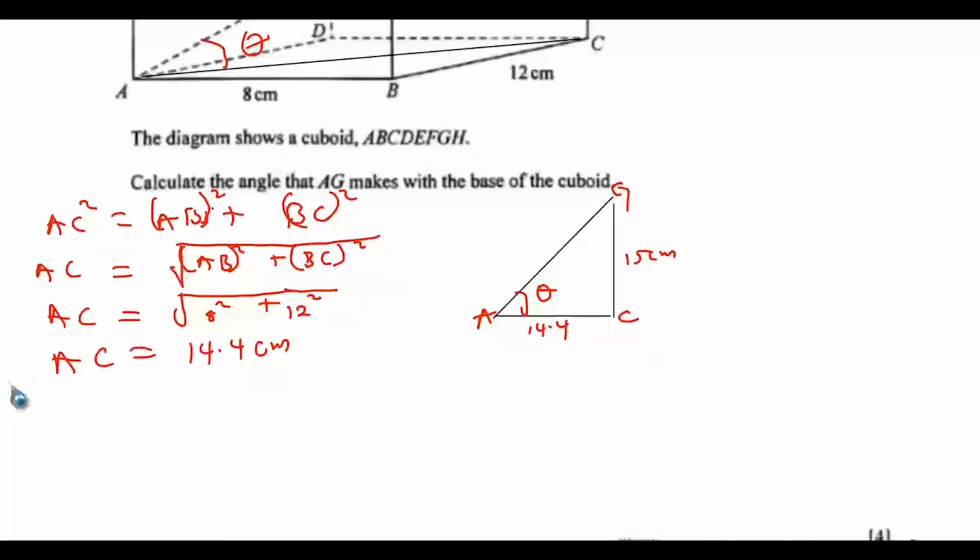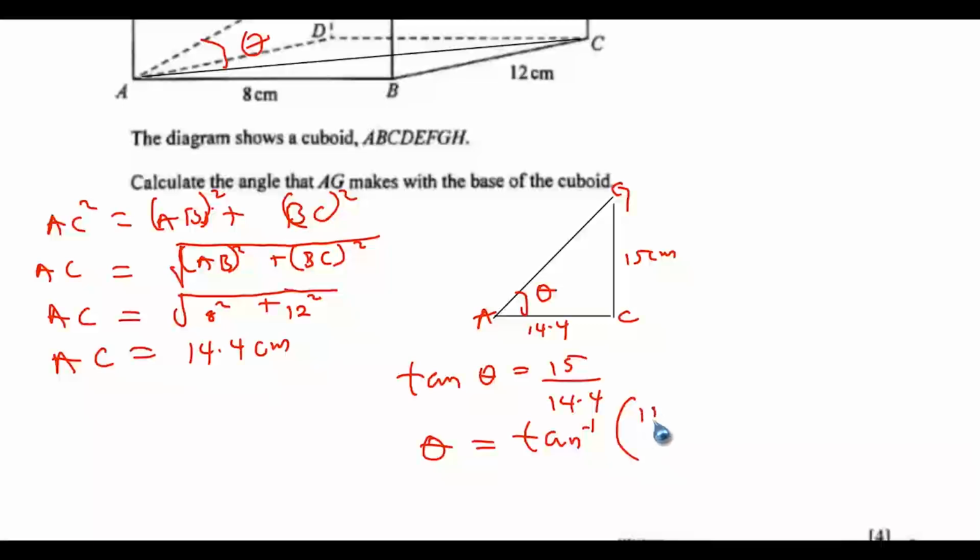Using tangent, that is opposite over adjacent, we have tan theta equals opposite, which is 15 centimeters, over the adjacent, which is 14.4 centimeters. So theta will be equal to tan inverse of 15 over 14.4.